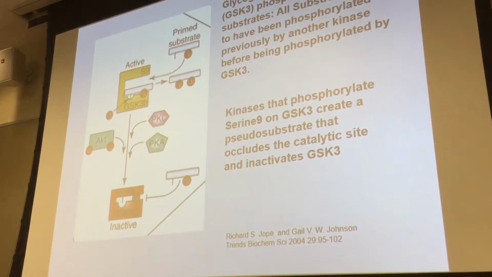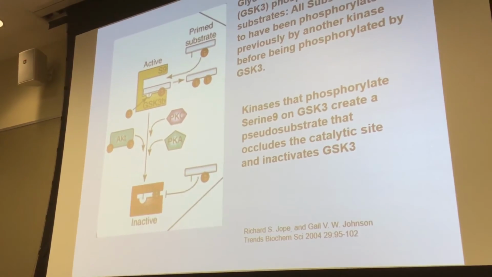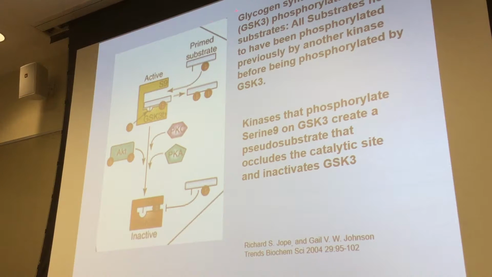So all these substrates need to be phosphorylated in advance by another kinase before they can be phosphorylated by glycogen synthase kinase 3 beta. Here's the way this works. We've got our primed substrate, which has a phosphate on it. In order for it to interact with the glycogen synthase kinase, this phosphate has to come in and close off an auto-inactivation site, or a pseudo-substrate site.